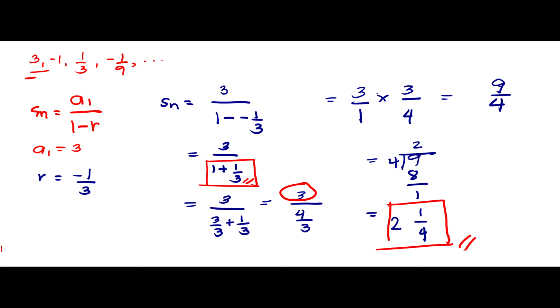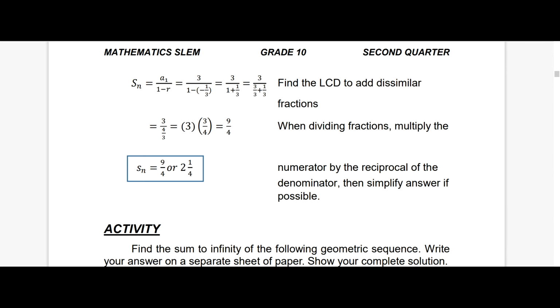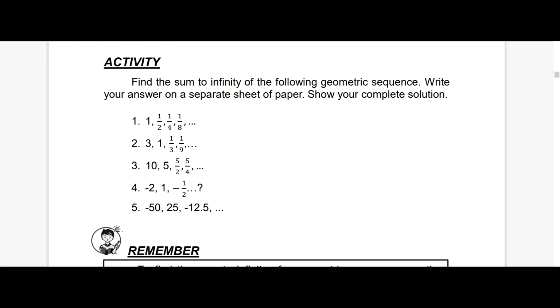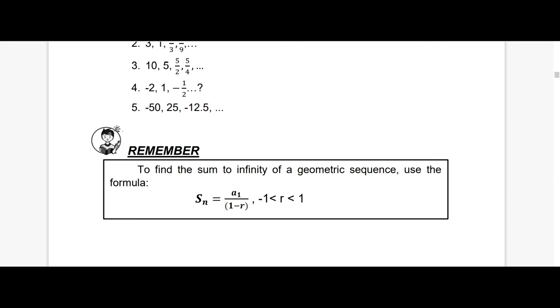So, I think that's it. Kasi, halos pare-pareho naman yung question dito. Ayan. So, let's just remember to find the sum to infinity of a geometric sequence, use this formula, S sub n is equal to A sub 1 all over the quantity of 1 minus R, where R is less than 1 and greater than negative 1.